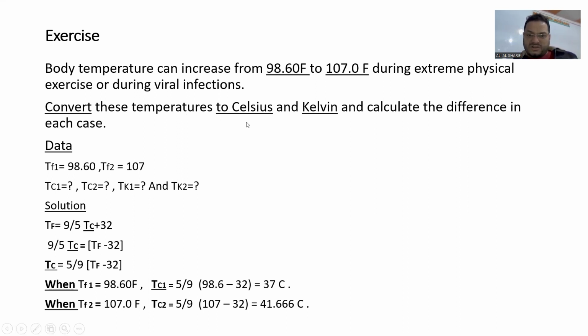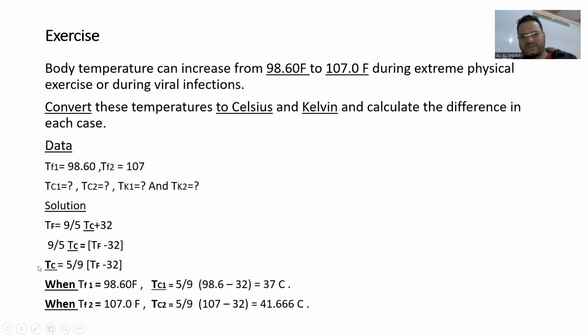Convert this temperature to Celsius and Kelvin and calculate the difference in each case. Here it is in Fahrenheit, and you must determine it in Celsius and in Kelvin. We will use this function, like I said before: Fahrenheit equals 9 divided by 5 multiplied by the Celsius temperature plus 32.